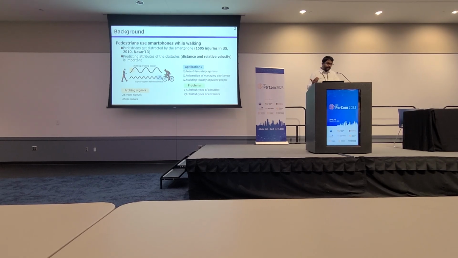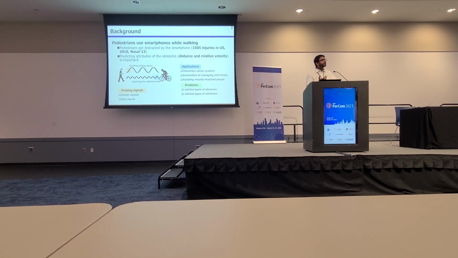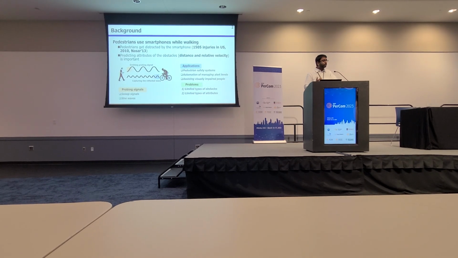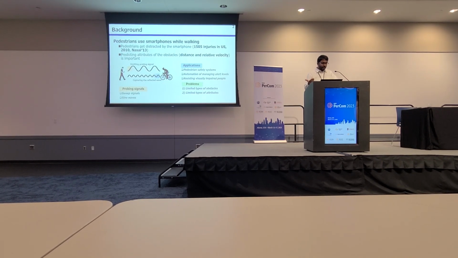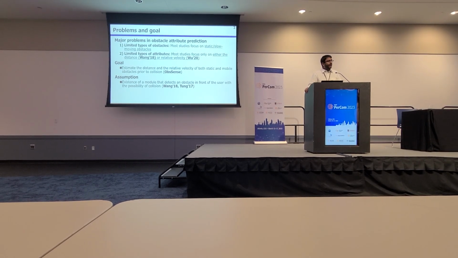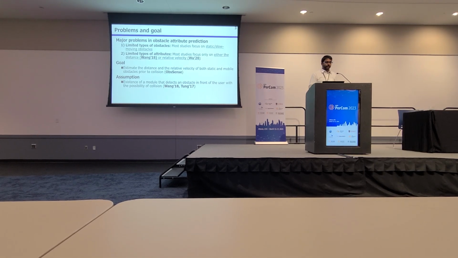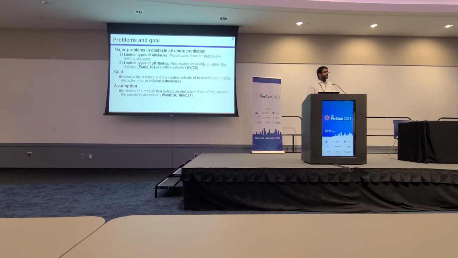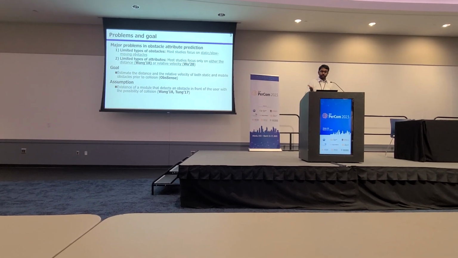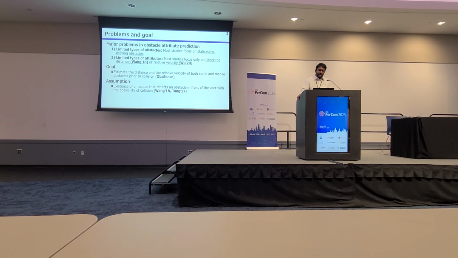However, the existing systems have two major problems. The first one is the limited types of obstacles such systems can cope with, and the second one is the limited types of attributes that such systems can estimate. Taking a closer look at these problems, most existing studies focus on either static or slow-moving obstacles, while the sidewalk contains high speed, high risk obstacles such as bicycles and jogging people.